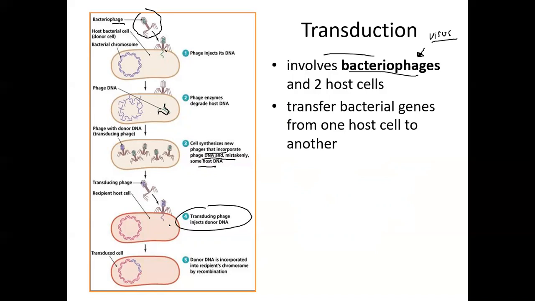Basically, the virus replicates so many times that the host bacteria cell often bursts. Now, we get into the lytic and lysogenic cycle when we get to chapter 19, but just for now, understand that transduction involves a virus. Virus injects its DNA into bacteria.